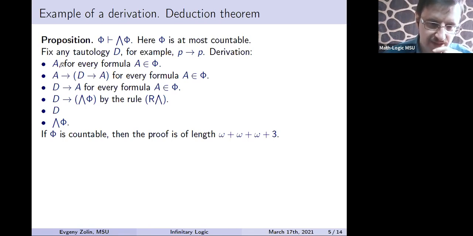So here we have this line and this line, which denote omega plus omega formulas. Can we reorder them so that we use only omega steps?